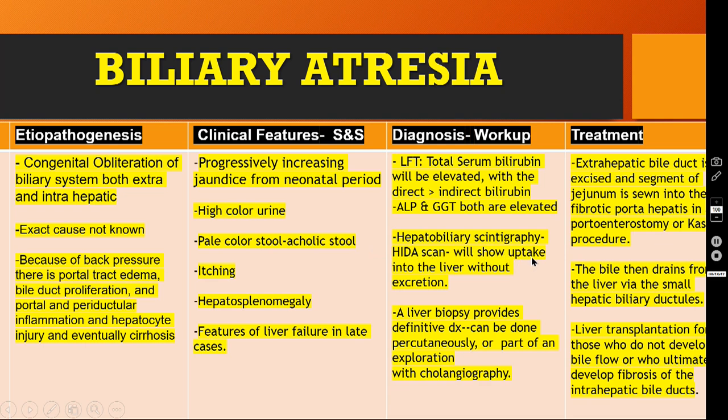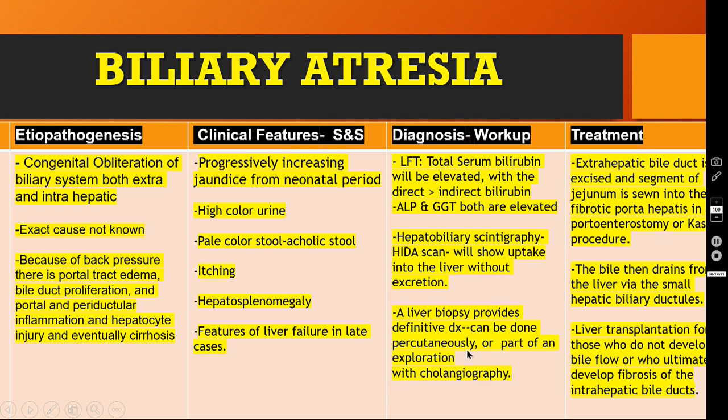This will show uptake of the radioisotope into the liver. You can see the liver, but the radioisotope won't get excreted into the biliary ducts, because these ducts are blocked. You can also do a liver biopsy to rule out neonatal hepatitis from biliary atresia.